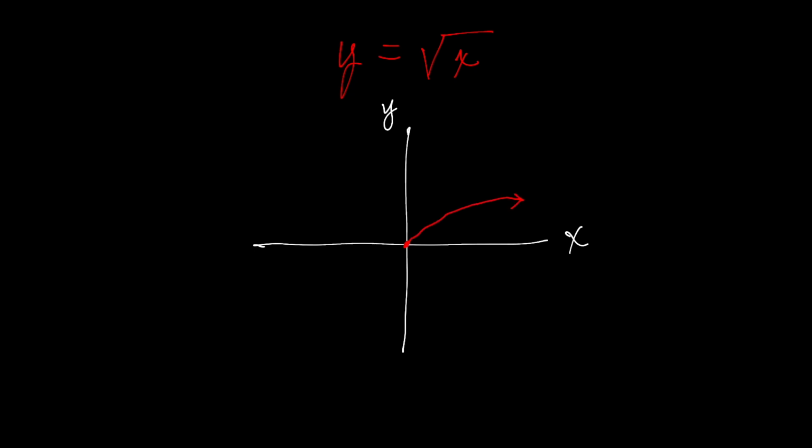It's like a sideways parabola. If I had written it the other way, if I solved this for x, it would be this whole sideways parabola. But since we're just looking at this function, y equals square root of x, that is what it looks like. And we'll come back to these two.